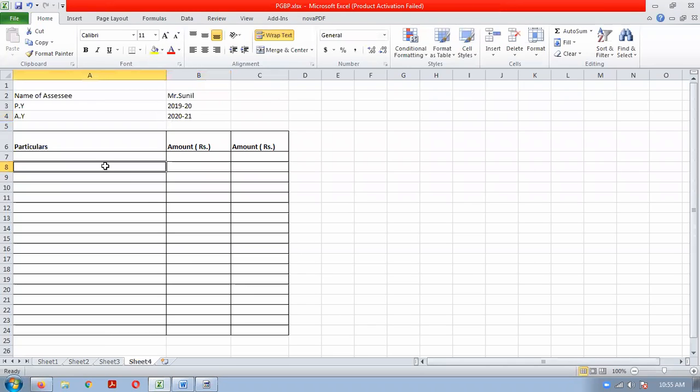So net profit as per profit and loss account. What is the amount? 4 lakh. Add.